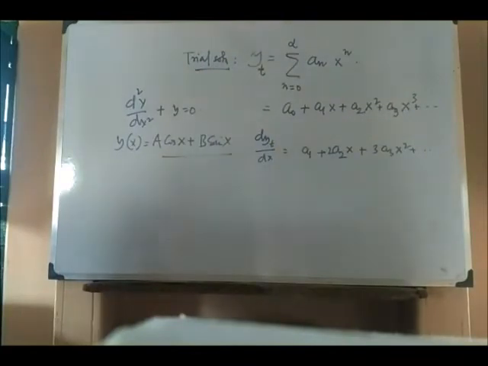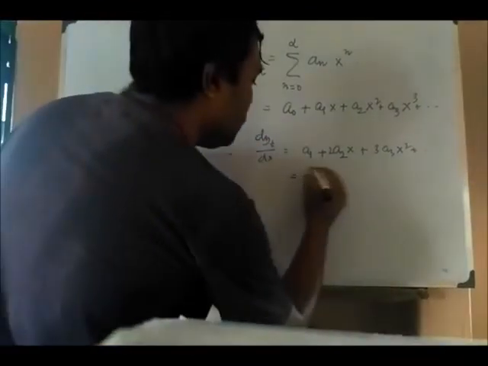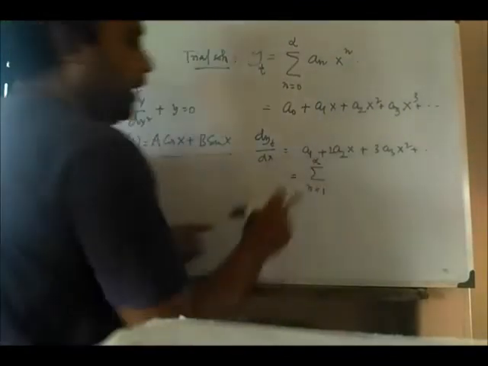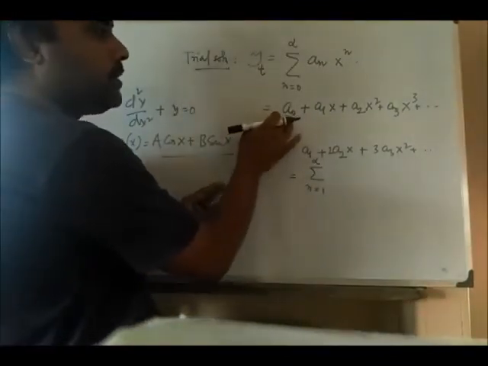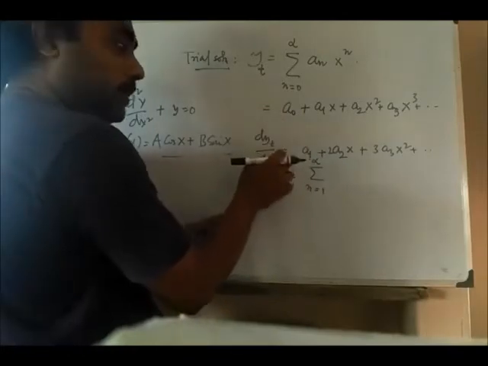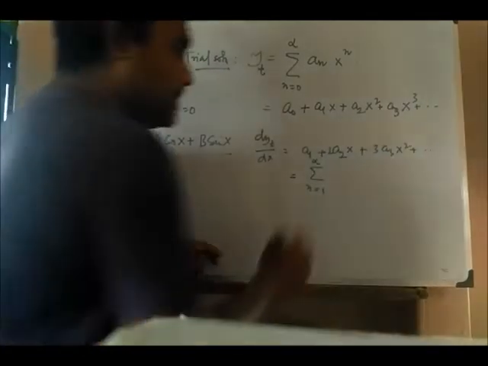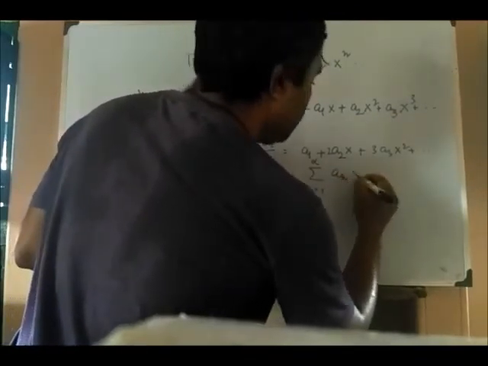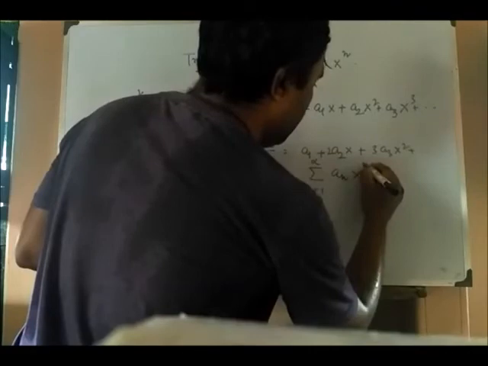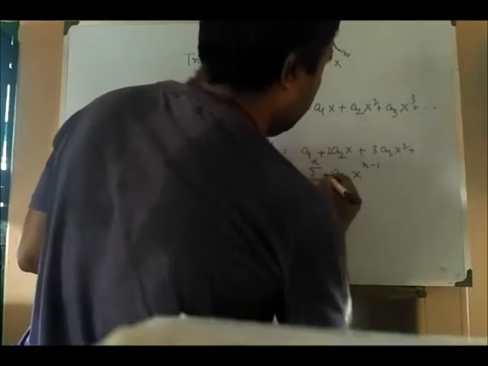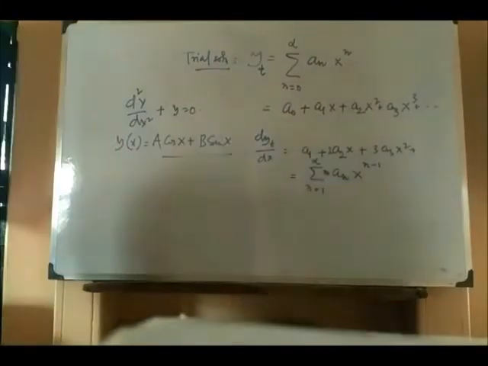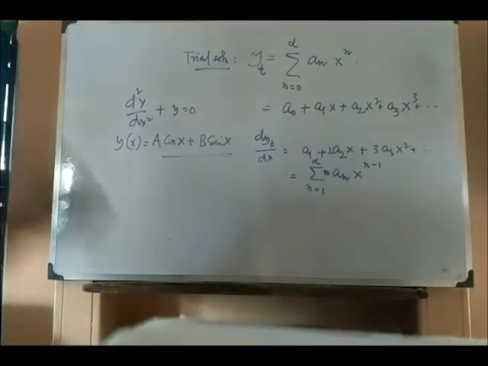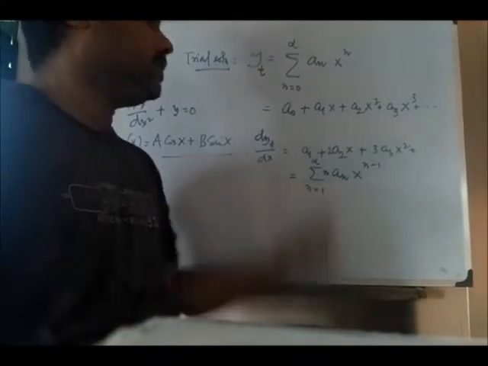Okay, and the form of this differential equation can be written as n equal to 1 to infinity, as we are leaving the first term when I am differentiating this whole. So sum n equal to 1 to infinity a_n x to the power n minus 1 into n, right? So when you differentiate, you will get this term.